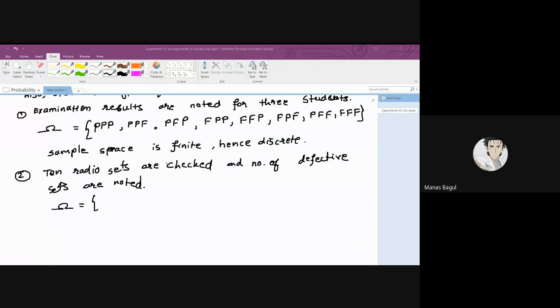Yes. No, there has to be some defective, sir, because here we have a question in which 10 radio sets are checked and the number of defective sets are noted. So that is why we are noting it down. Okay.